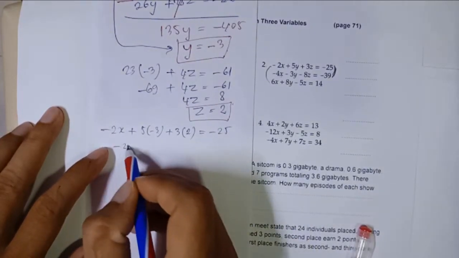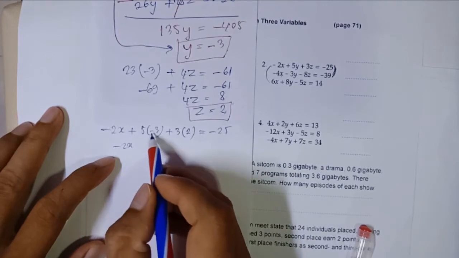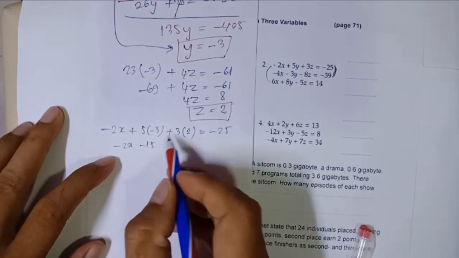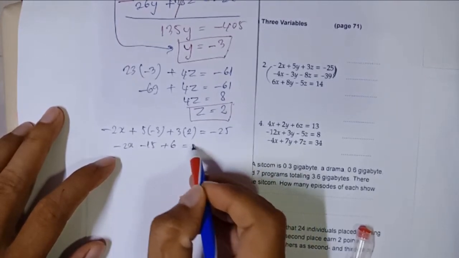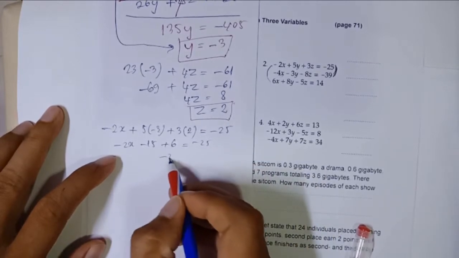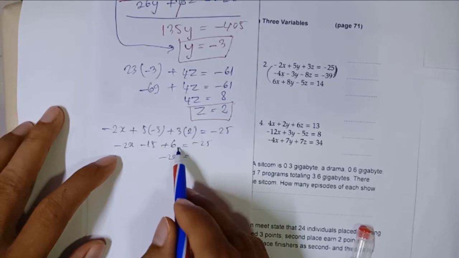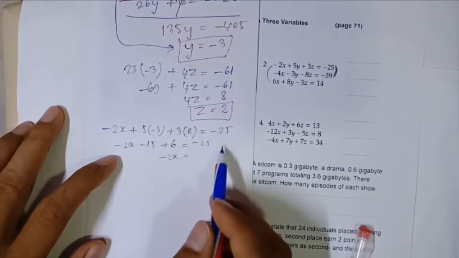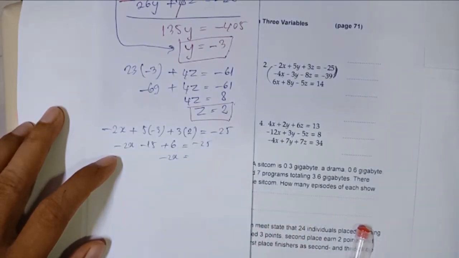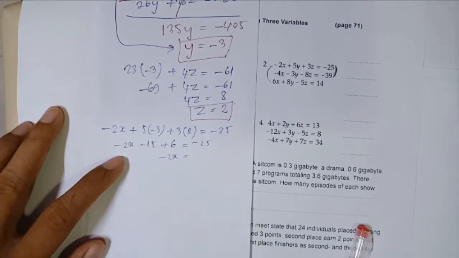You have minus 2x minus 15 plus 6 equal to minus 25, or minus 2x equals minus 25 plus 15 minus 6. You transfer everything to the other side. You have minus 25 plus 15, and then you minus 6.